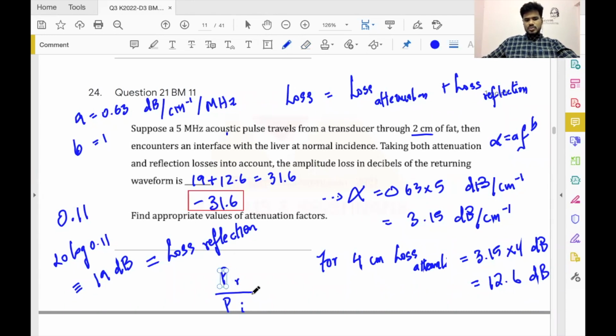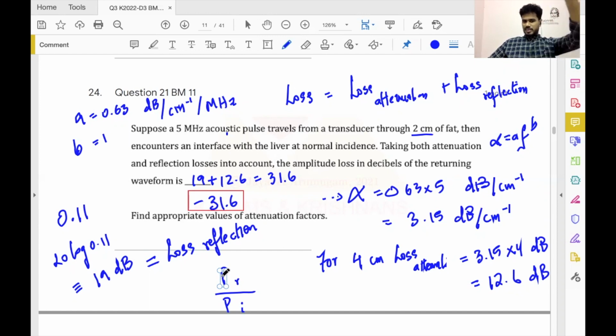This is the signal we sent, and this is the signal that got back. So why are we concerned about the transmitted part that went away? It went, and then it hit some other interface. But what we got back is this reflected thing. This is an echo that we get back, right? Yes, sir. So at the transducer, we get back this.